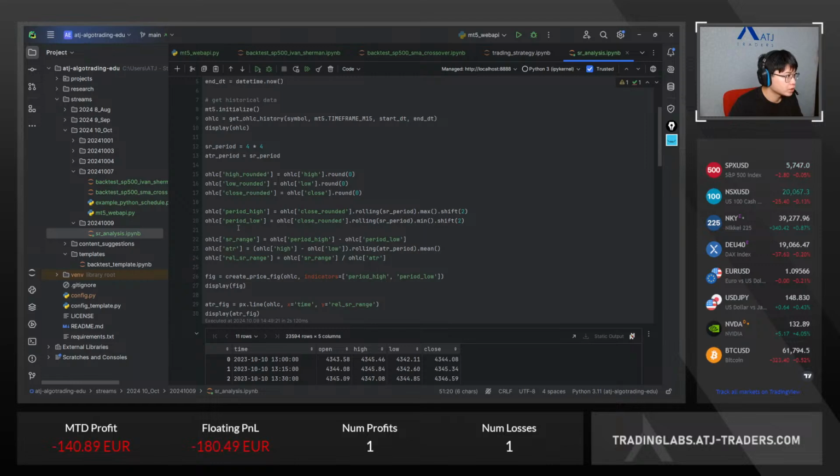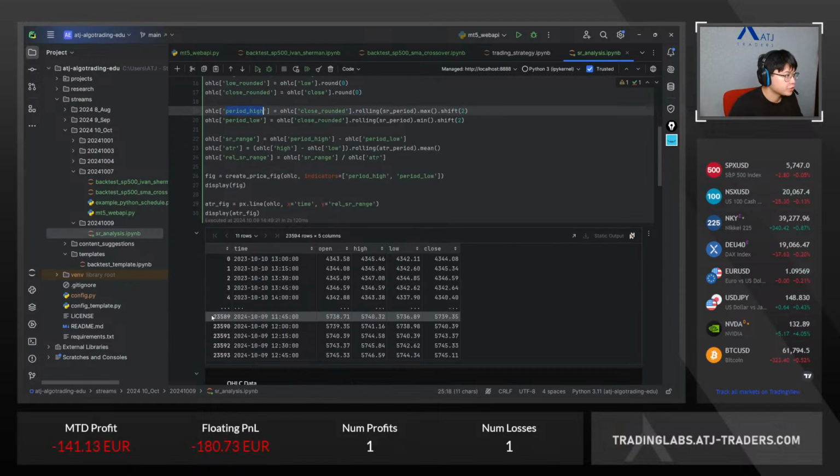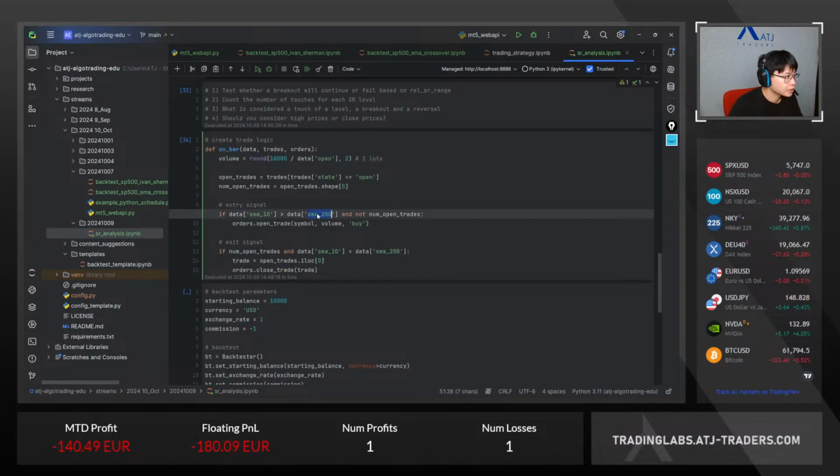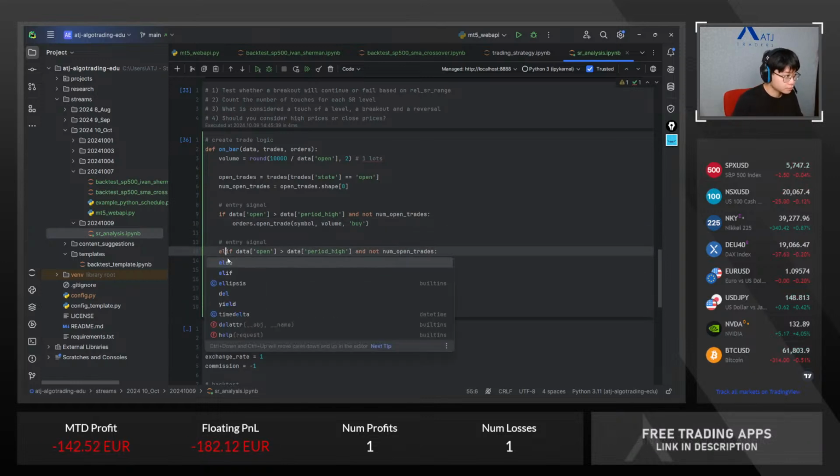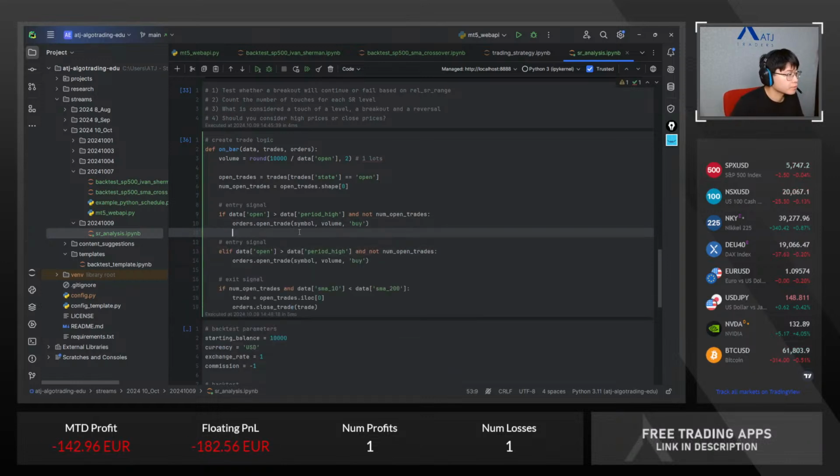So it is my period high. So if data open is greater than our period high, then we do a buy trade. And then our exit signal: our open has to be less than our period low, and then we would sell in this case if we break that level.